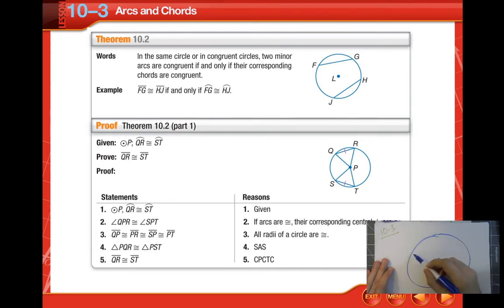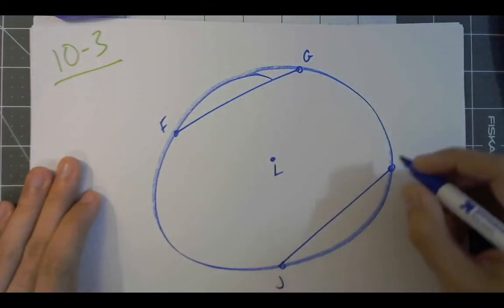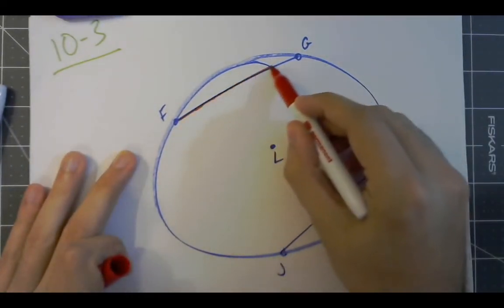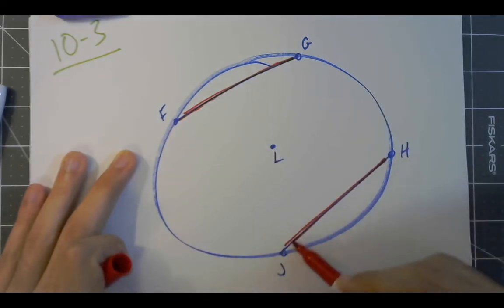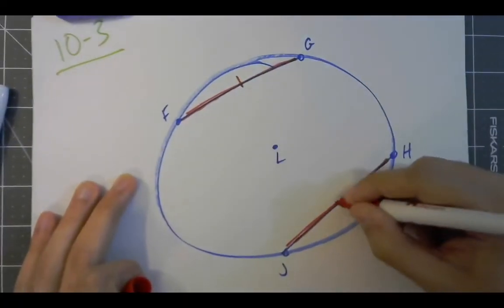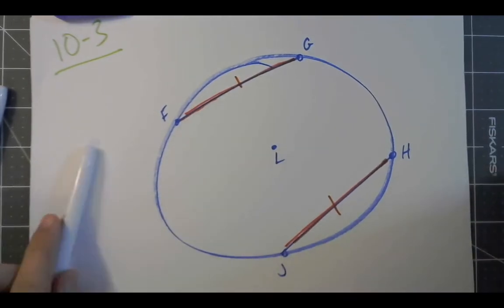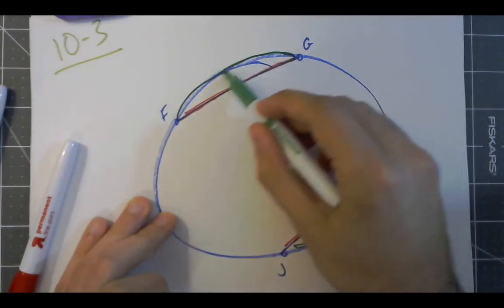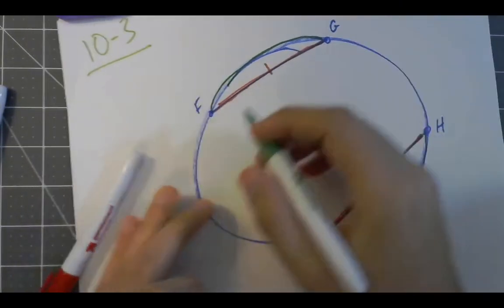This is circle L. We have F to G, and then J to H. What this is saying is if I look at these two chords, and I find this measure and this measure match, so these are congruent, because remember they're just segments, that means this measure and this measure match. So let's write that over here.